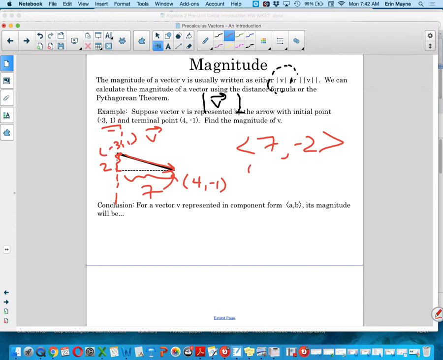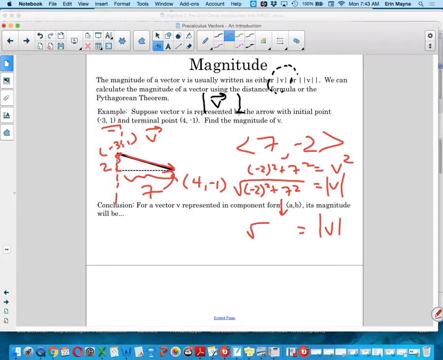And I could say, -2 squared plus 7 squared is my magnitude squared. So my magnitude is the square root of -2 squared plus 7 squared. I'm going to drop down here to finish. So this is the square root of 53. The size is square root of 53.